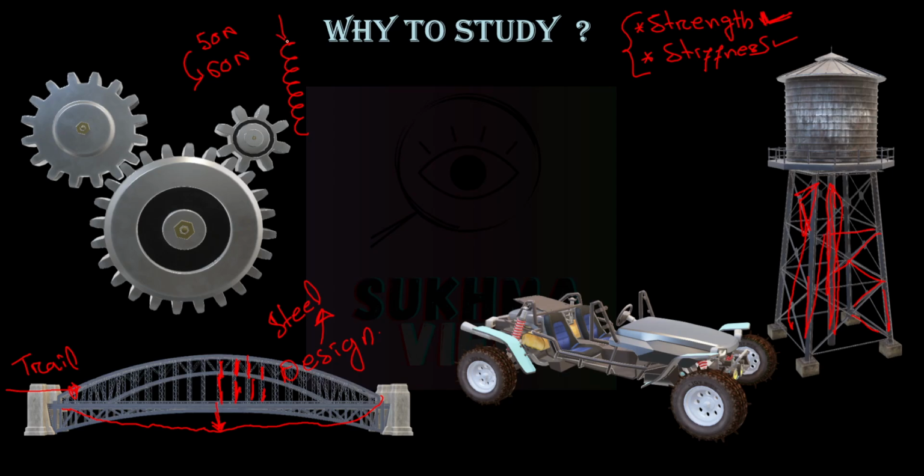You apply any load, it gets deformed. So if the suspension does not have sufficient strength and stiffness, what will happen? It will deform or it will break. Then the vehicle will get into an accident. So any design in the real world is based on strength and stiffness.